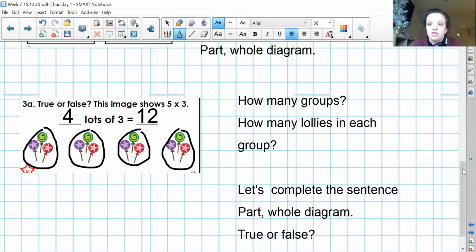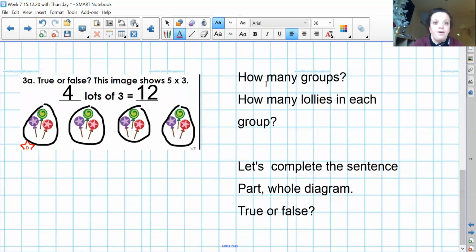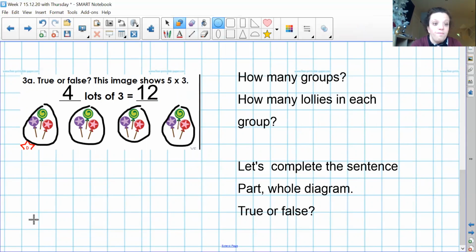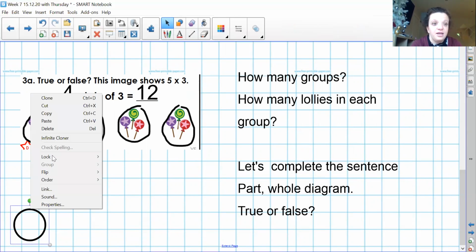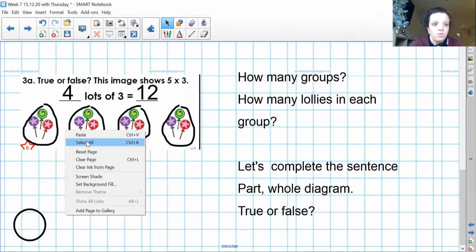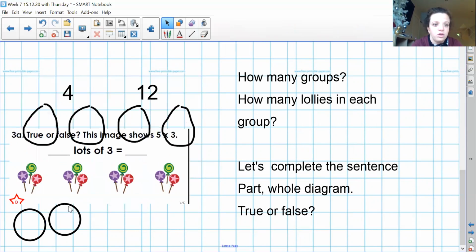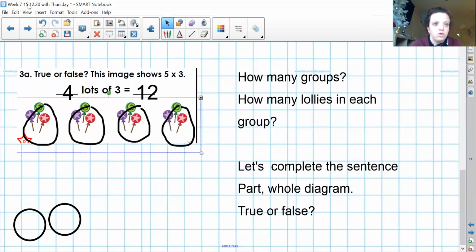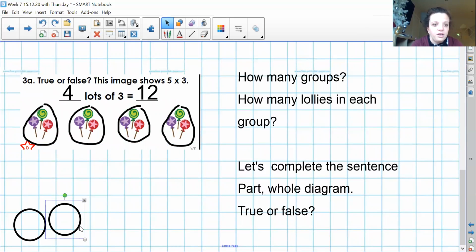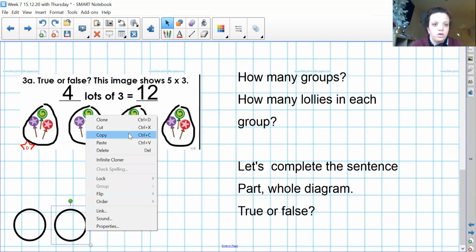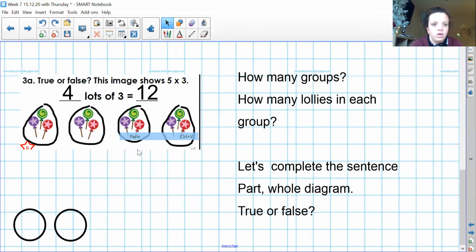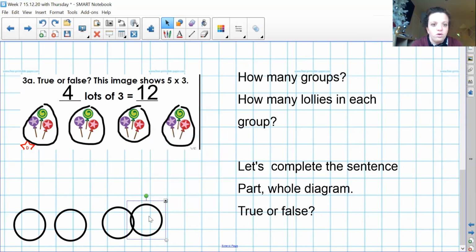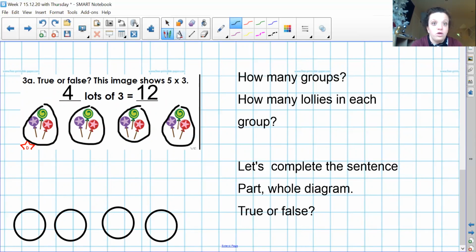Fantastic. So now let's have a go at drawing our part whole. So we've got 4 parts, because that's how many groups we've got. So we've got 4 groups, 4 parts. Let's go. 1, 2, 3, 4. And in each part, we're going to have 3.